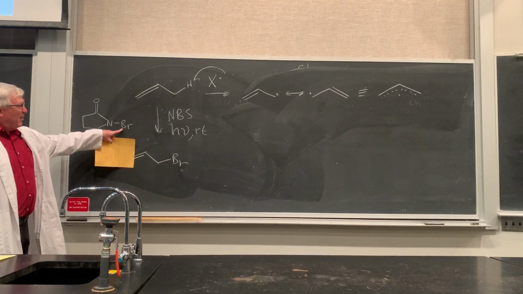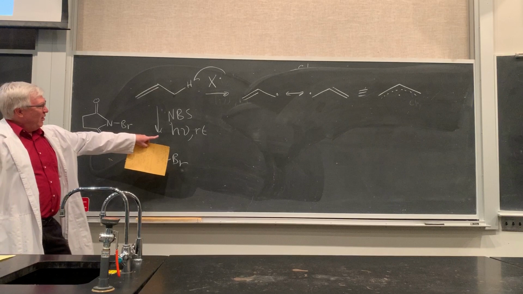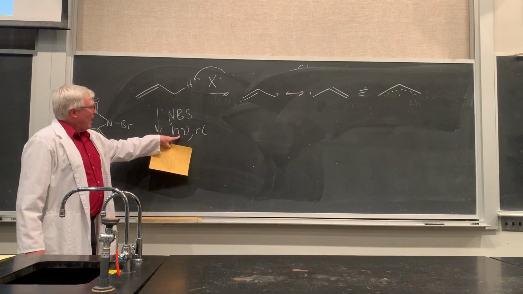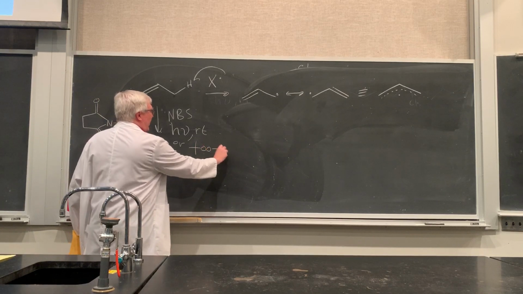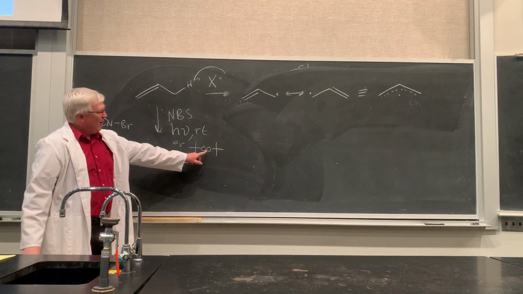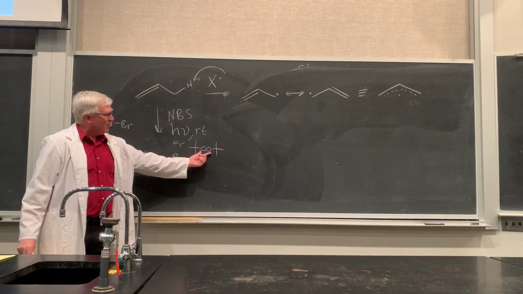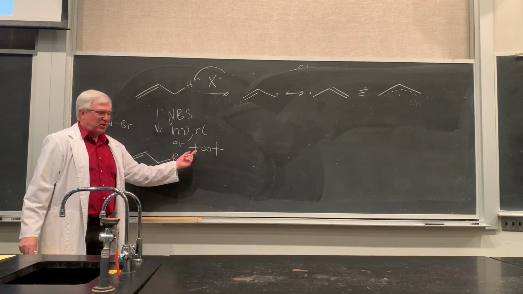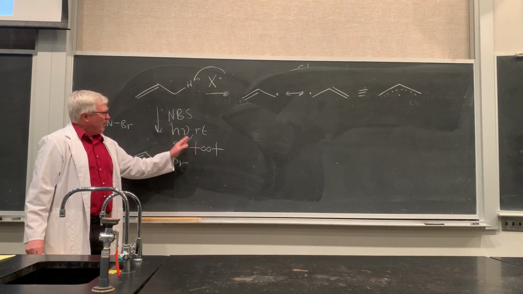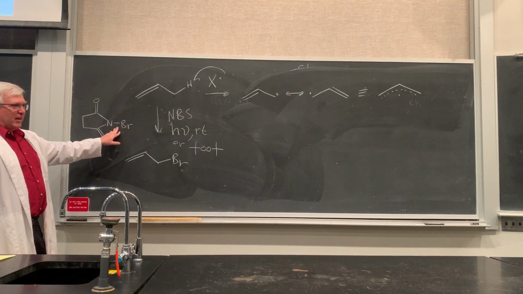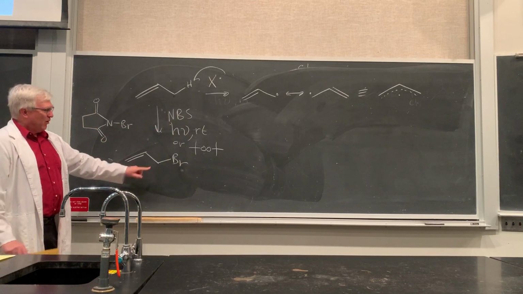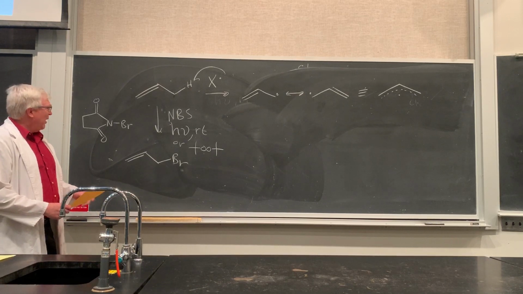We can form a bromonium ion from NBS, but if we're under radical conditions here with light, at room temperature, or if we use peroxide initiation, that's not a pair of old-time glasses, that's an oxygen-oxygen bond between two tert-butyl groups. So either one of these conditions will shunt the NBS toward a radical pathway. We'll look at the reaction here in a second, and we'll get allylic bromination from it.